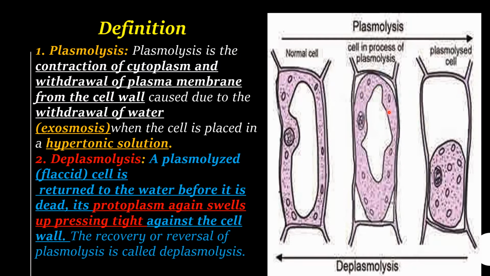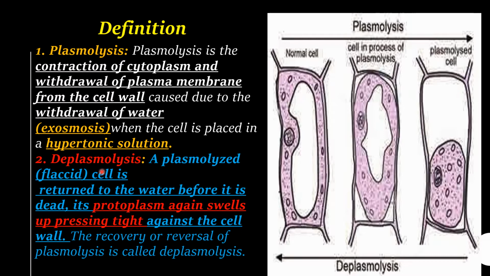Cytoplasm will shrink and plasma membrane will withdraw from the cell wall. Caused due to exosmosis, or withdrawal of water from the cell to outside when the cell is placed in hypertonic solution. Very important. This is the definition of plasmolysis.